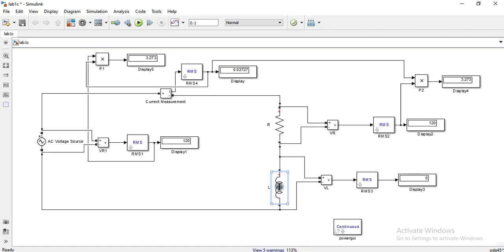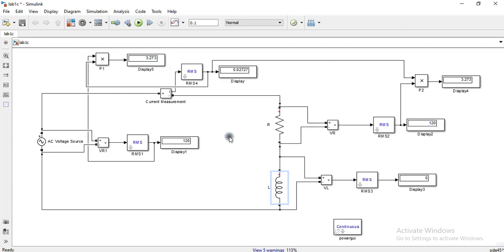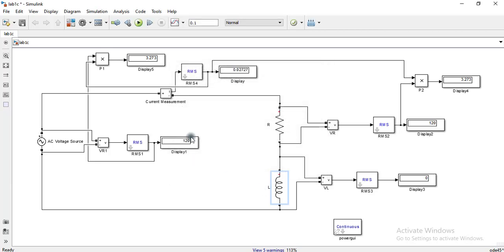It is due to the fact that we are using a very small value of inductance. Now we will increase the value of inductance to check whether voltage will drop here or not. So we have 2 millihenry. I will increase it to 200 millihenry. Let's run it again. You can see now the voltage drop is increasing, 1.704.